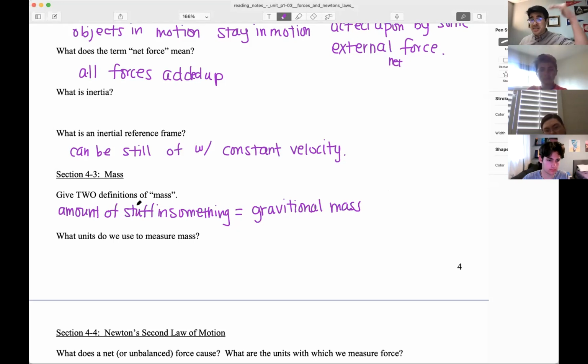And then the one we just talked about is inertia, right? We can use inertia to define mass. So mass could be the object's resistance to acceleration. That'd be definition number 2. We can say motion or acceleration.